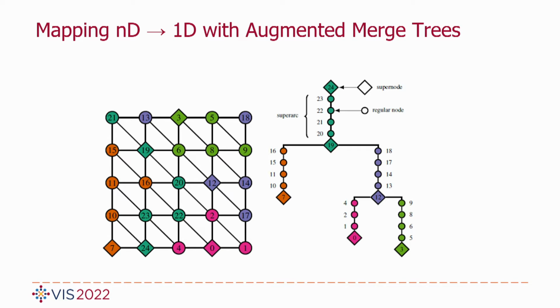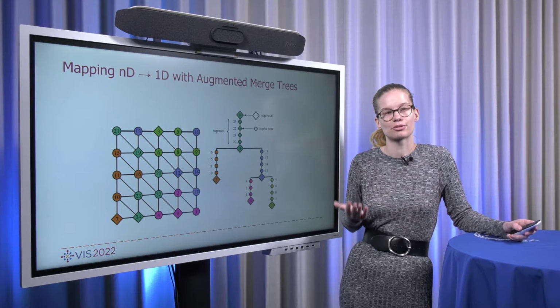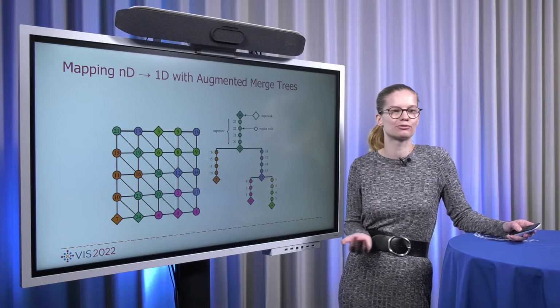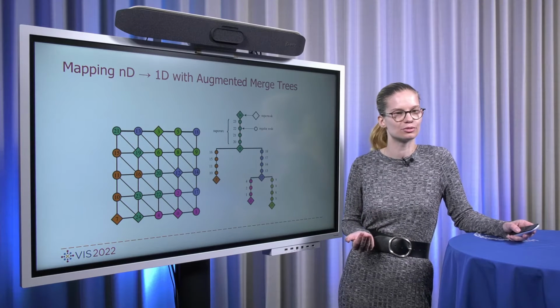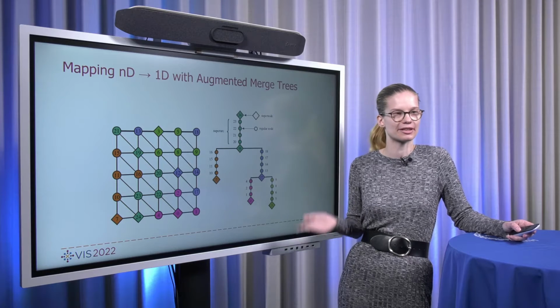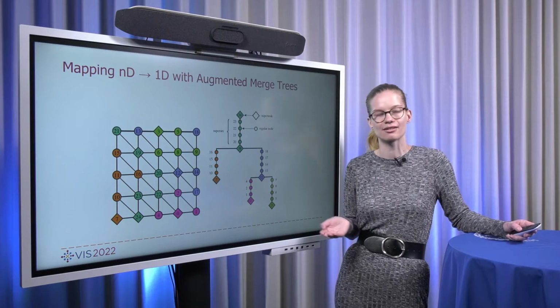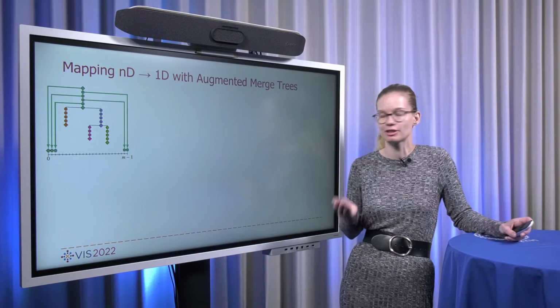Meaning each leaf starts a new component, and then as the threshold increases, those components merge, and any vertex that is in between on the arcs of the augmented merge tree belongs to that component. And in order to create our 1D representation, we can basically reverse this algorithm to create a 1D representation that again has the exact same merge tree as our scalar field that we had originally.